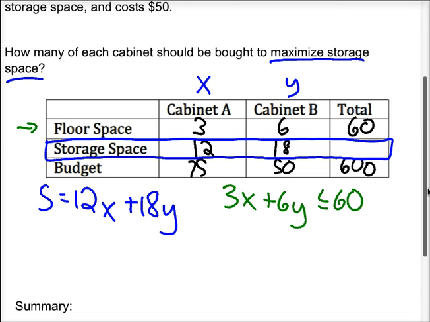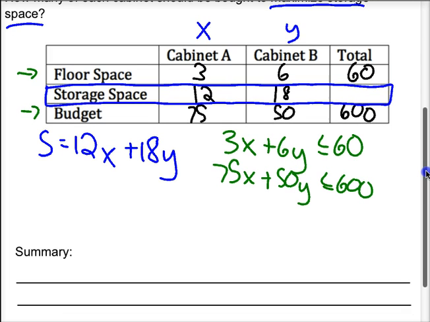I have up to 60 square feet of floor space. My budget, $75 for x, $50 per y. And I have up to $600 budgeted. Then, of course, my two constraints that I have to put, because it is a real world context. We only want positive values. And that is how you set up these systems.